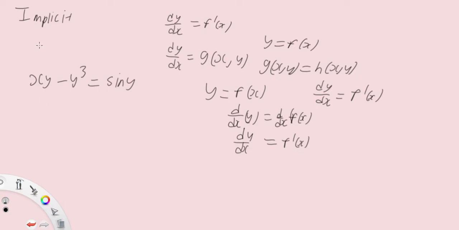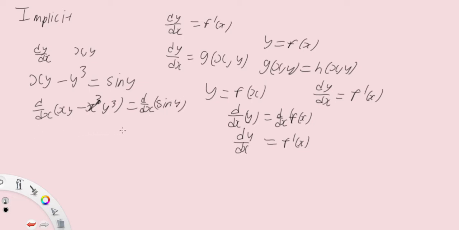So the question here is, let's find the expression for dy/dx in terms of both x and y. Since we're finding dy/dx, we will differentiate with respect to x. So d/dx of xy minus y cubed, and d/dx of sine y.